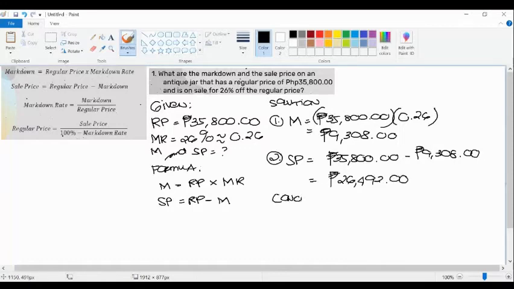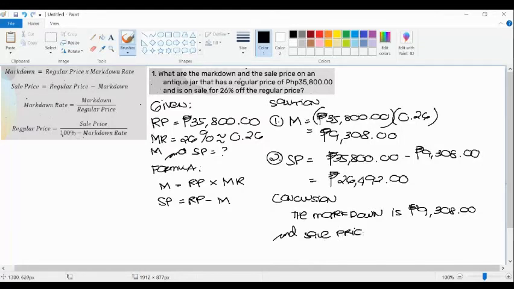So therefore, your conclusion, the markdown is 9,308 pesos and the sale price is 26,492 pesos of an antique jar.